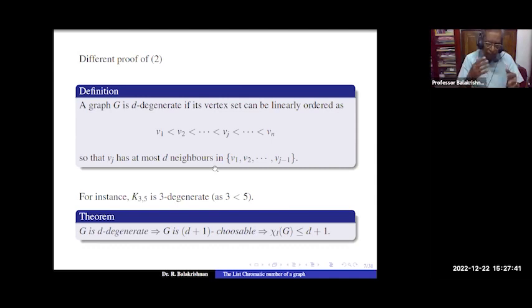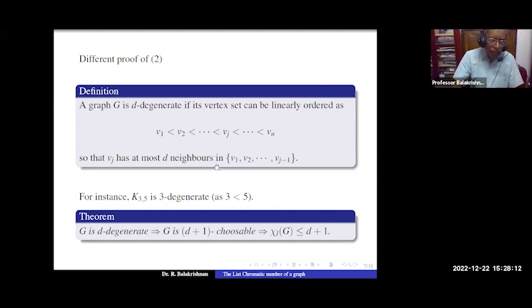The choice number of this graph is greater than k. So whatever k be, you can construct the bipartite graph K_{m,m} with choice number greater than k. Therefore, the difference between the chromatic number and the choice number can be arbitrarily large.